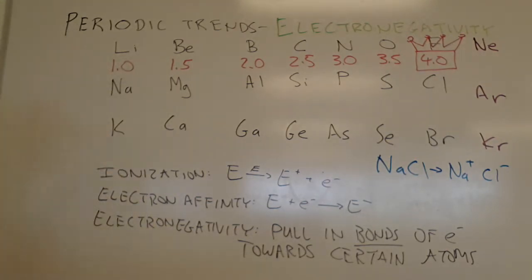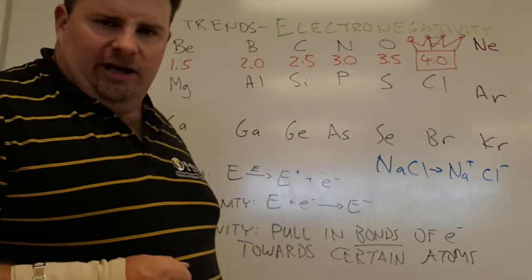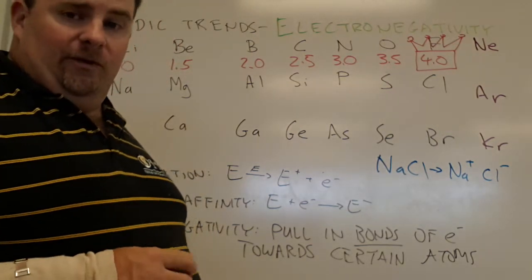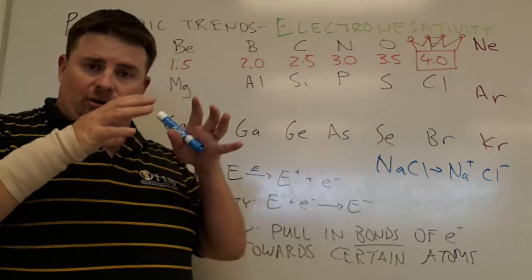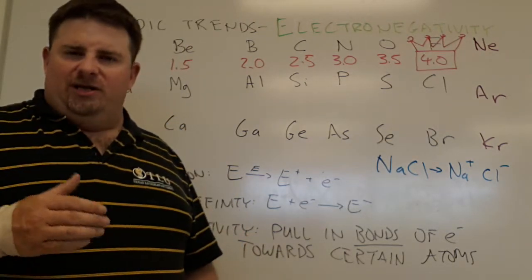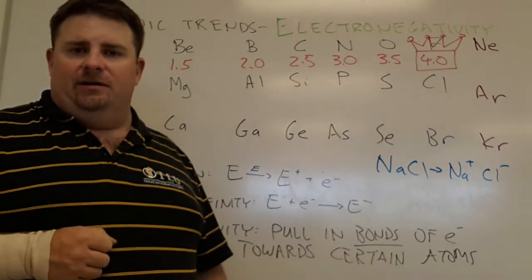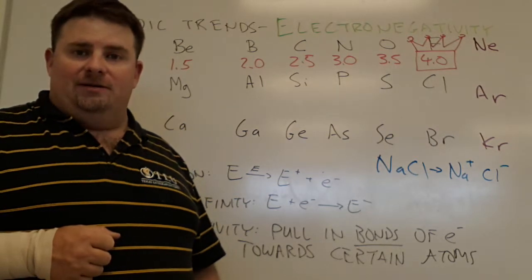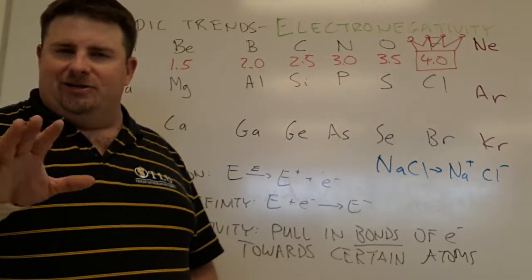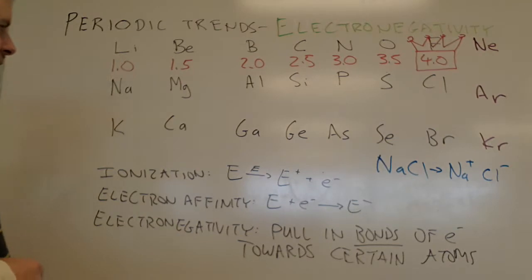If I move down the table, what do you think is going to happen? I'm now going from that smaller 2 shell to a larger 3 shell. So what do you think is going to happen as far as attractiveness of the elements to that element? What do you think is going to happen from a shielding standpoint? As I pull the electrons towards the nucleus of sodium, I've got that full second shell repelling electrons.